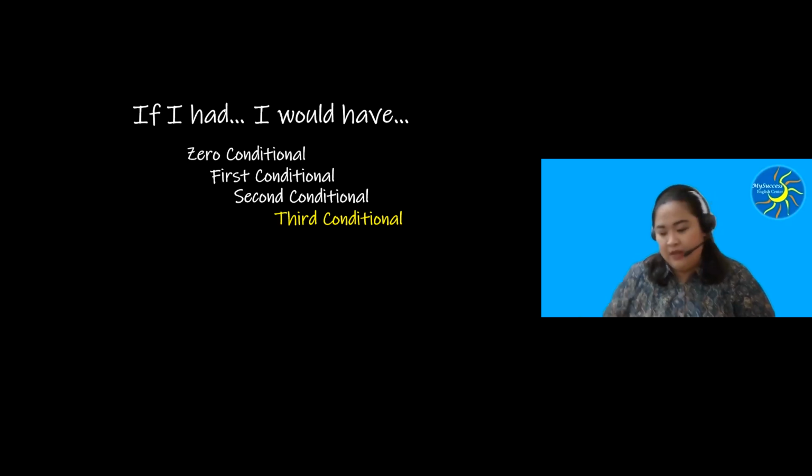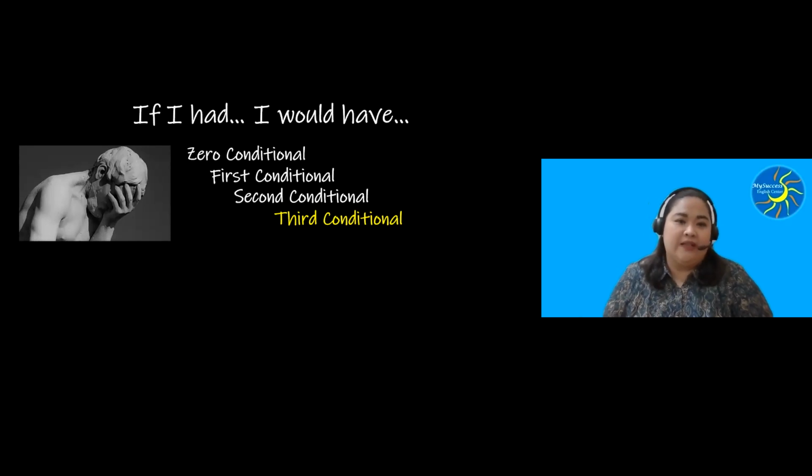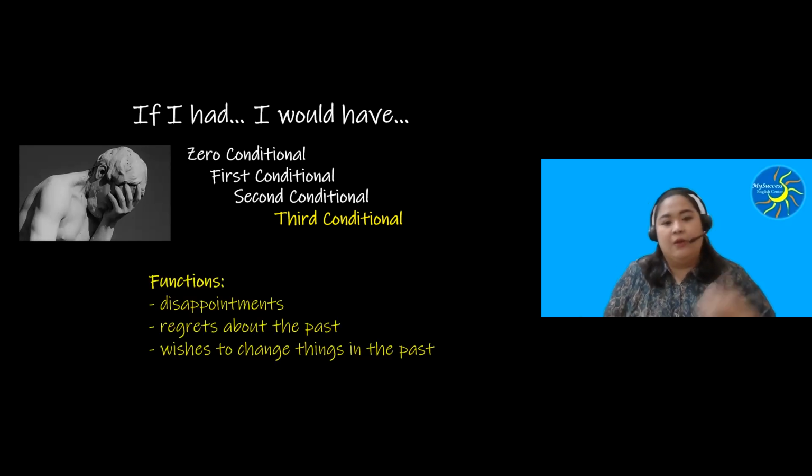The focus is showing regret. We can have disappointments, regrets about the past, and wishes to change things in the past. Of course, when things happened in the past, we cannot change them, right? So therefore, we use third conditional. Let's check them further.